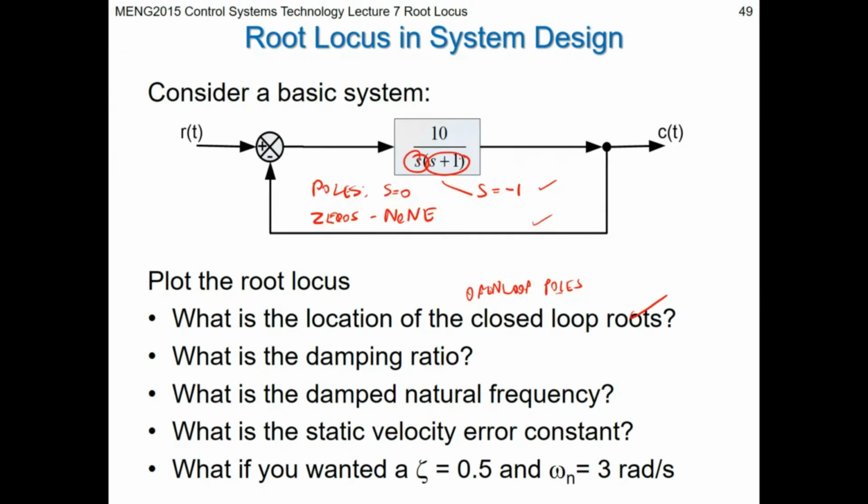How can we do that? Well, we could take the closed loop transfer function. So C(s) over R(s) is going to be forward path over 1 plus open loop.